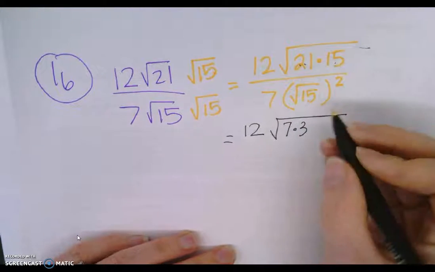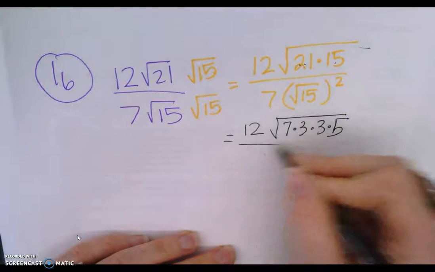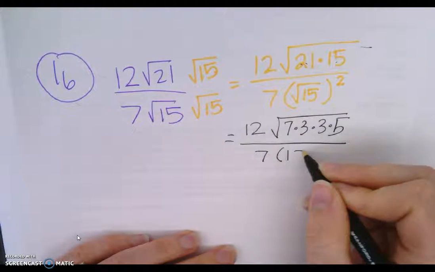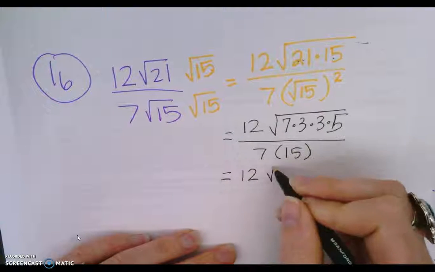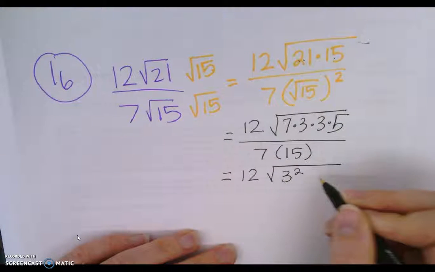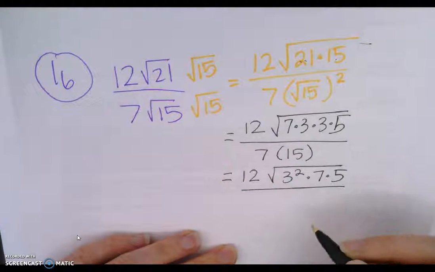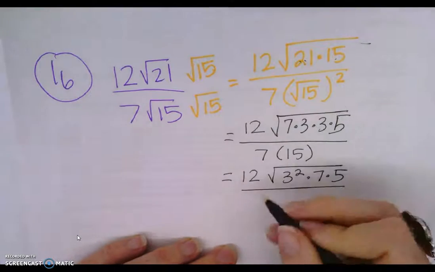Oh, that's great, because 15 is 3 times 5. All over 7 times, and the square root of 15 being squared is 15. Excellent. Let's see. Well, now I have 12. Inside my square root, I have 3 squared, I have 7, and I have a 5. And this is all over 7 times 15 is 105.